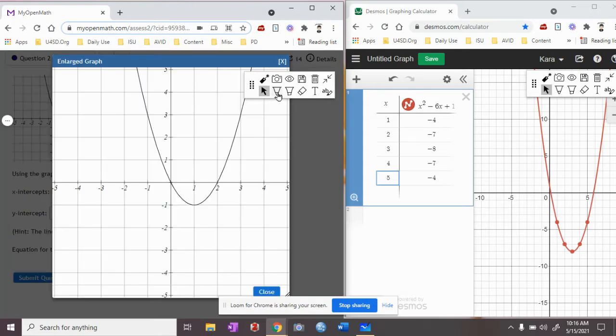So I'm going to bring this up and I'm going to label some information here. We cross the x-axis here and here. Those are my x-intercepts. Okay, so that's (0, 0) and (2, 0).